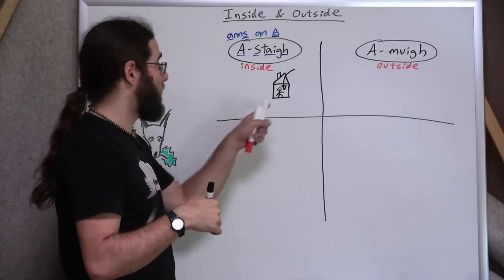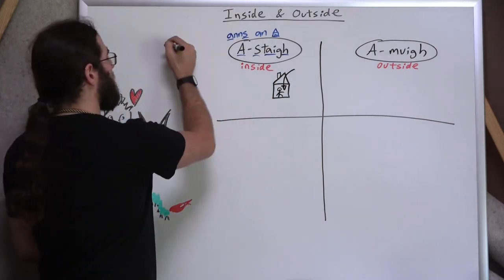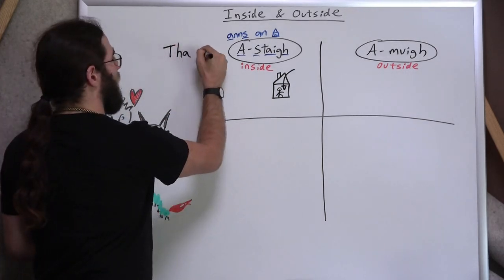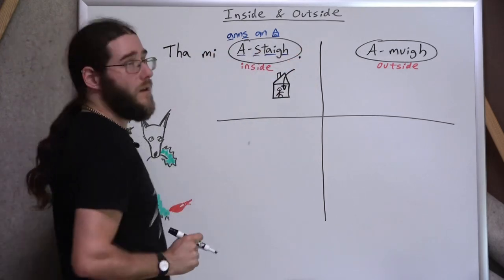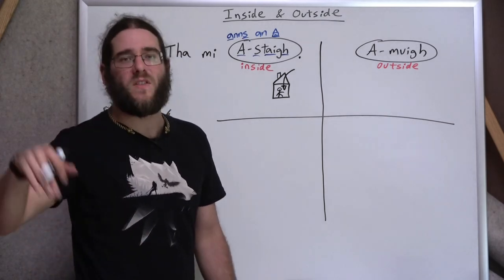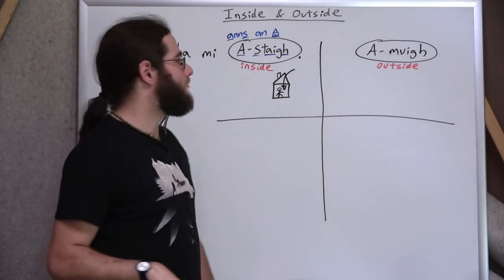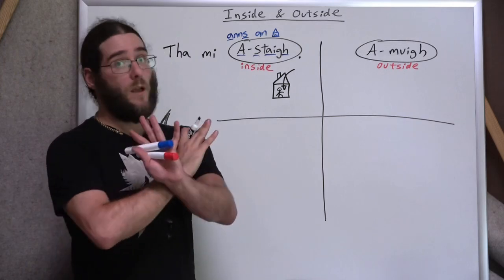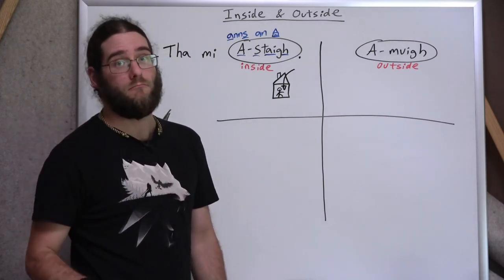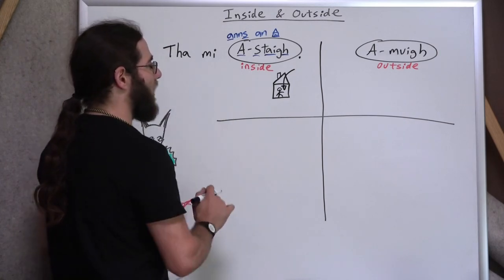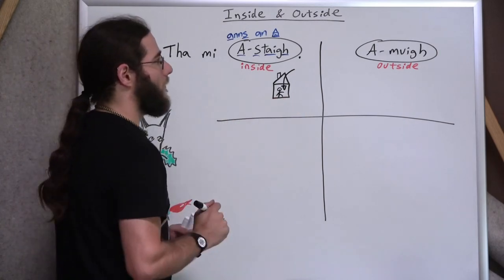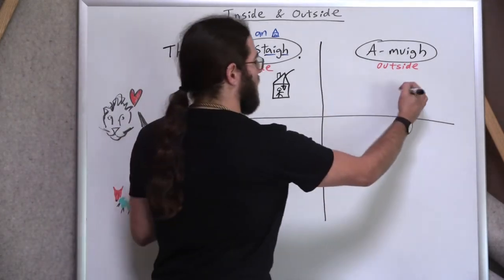This person is astay. Let's add in the rest of the sentence. Ha mi astay. I am inside. Where are you? Oh, I'm inside. Ha mi astay. Chan eil mi astay. I'm not inside. I'm not in. Ha mi astay. Just like that. So amui is the opposite.